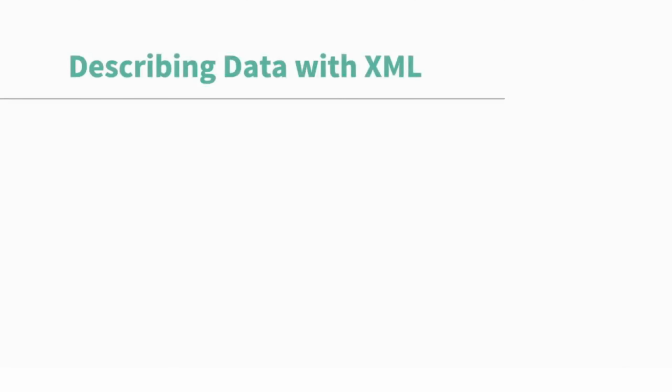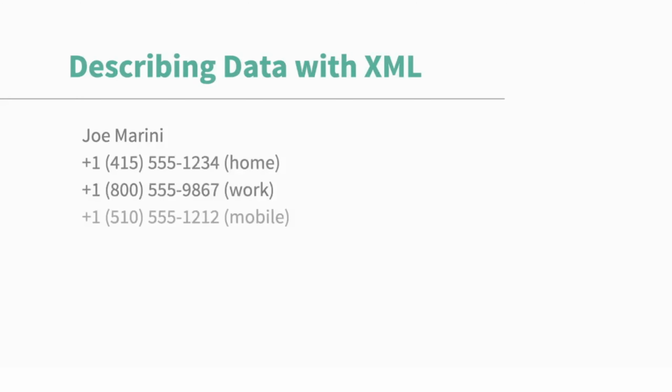So recall earlier, I stressed that one of the main purposes of XML is to structure and describe information. We're going to take a look at an example of that right now. To illustrate, let's consider some information that you would typically find on a business card, such as a person's name, various phone numbers, maybe an email address, and there might be some additional information on a business card, but just to keep the example simple, I'll leave it at this.